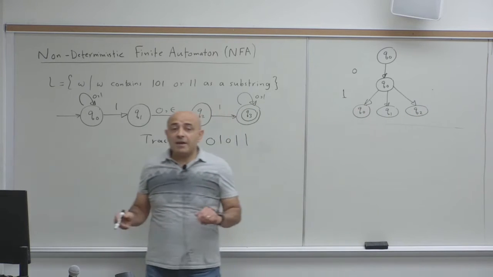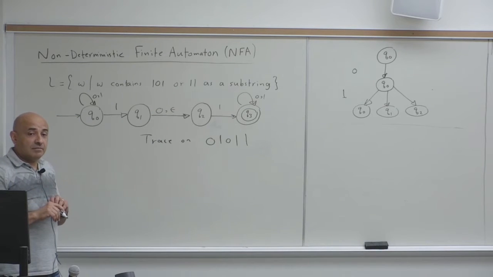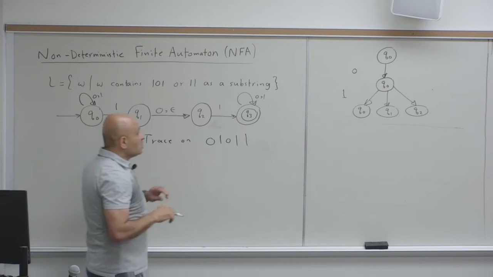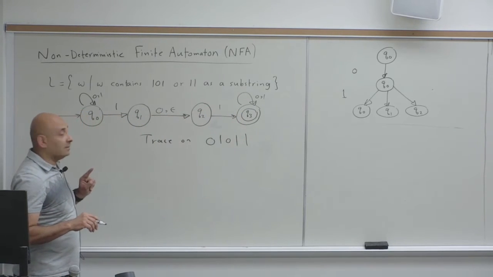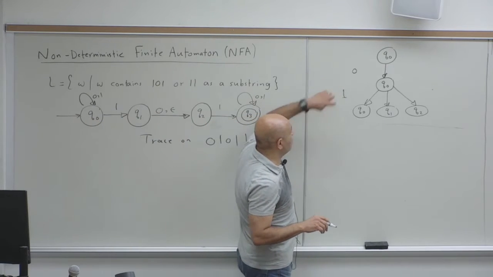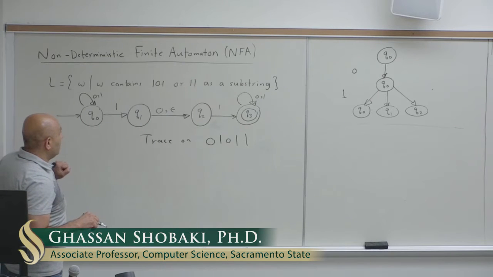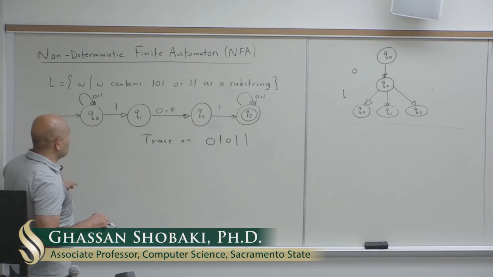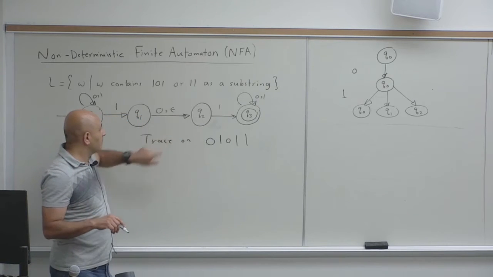Does anyone have any question about this idea, about the 3 options that we have? So far, how many symbols have we processed? 2. We have processed only 2 symbols, 0 and 1. Even though we had only 2 symbols, we managed to get to Q2 because of this epsilon transition.